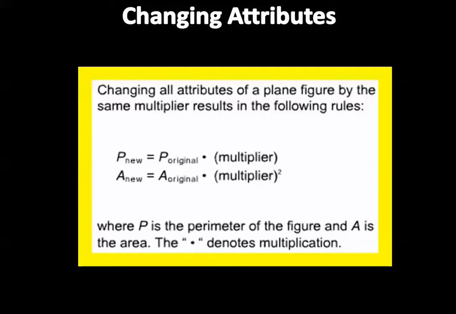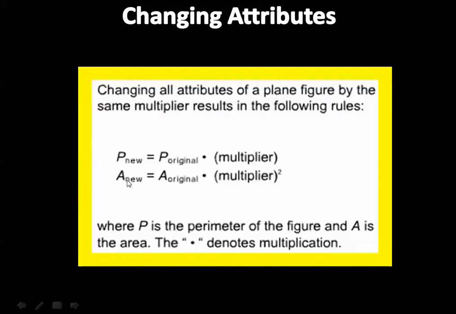This is something else that you've learned when you've examined the areas of similar figures. You found that if the attributes of a figure, such as length and width, were multiplied by some multiplier, the area of the new figure would be the product of the original area times the square of that number.